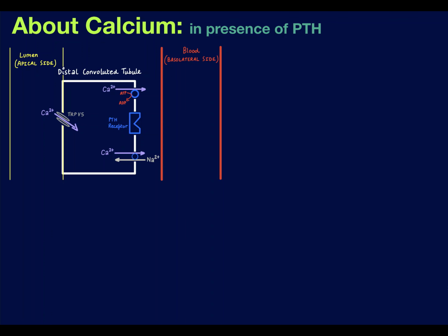Maximum calcium reabsorption occurs in the PCT. This is hormone independent, which means that this reabsorption is occurring at all times in the body. Whether there be low calcium or high calcium, it does not matter. This reabsorption keeps on going.